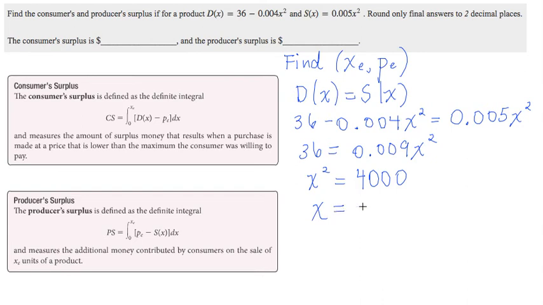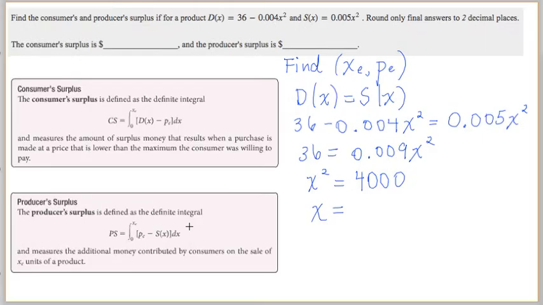And the square root of 4,000 is not a perfect square. So I would recommend probably not rounding until the very end. You could round here if you're really careful and you carry out enough decimals.